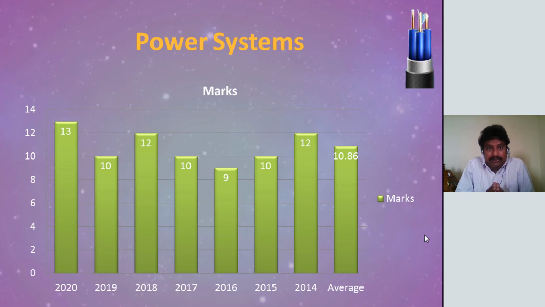More than 25% of the weightage is carried by power systems and electrical machines. If you combine networks, with a weightage of 10 marks, 35% of the weightage is given to networks, electrical machines, and electrical power systems.